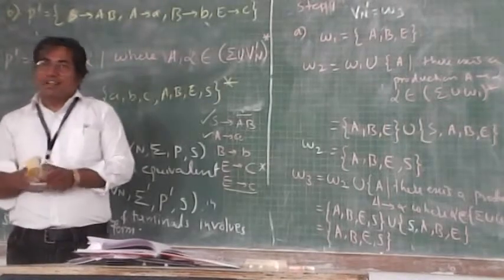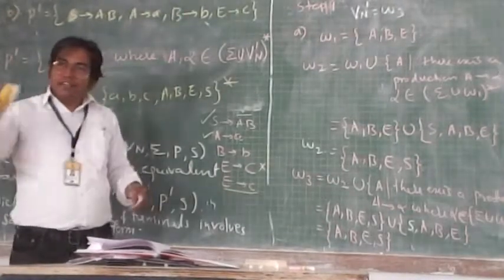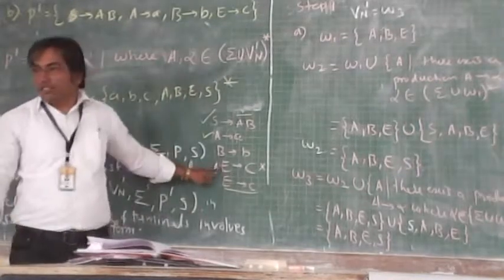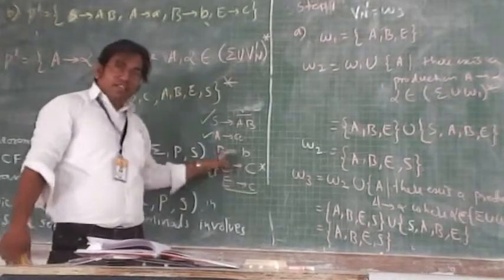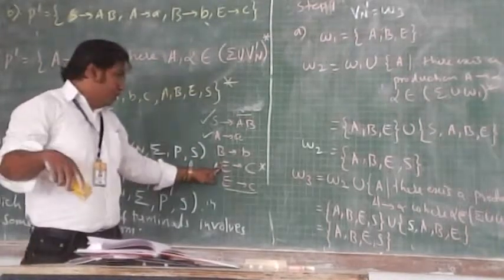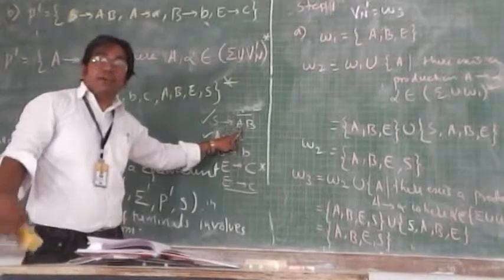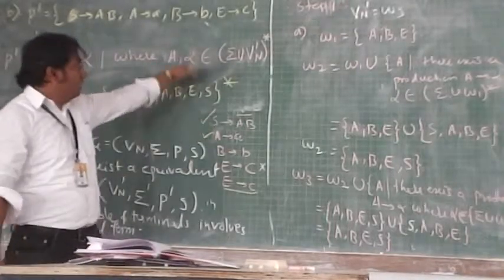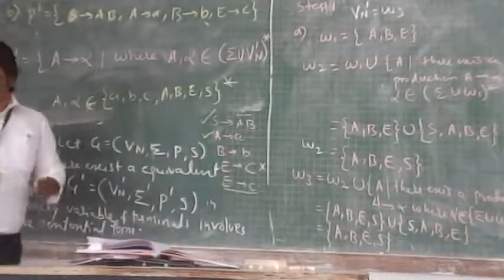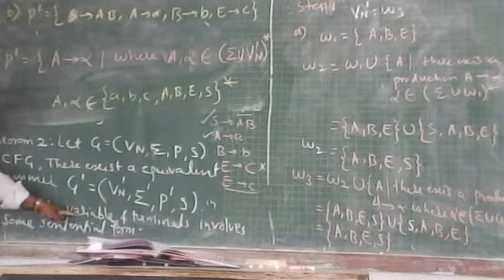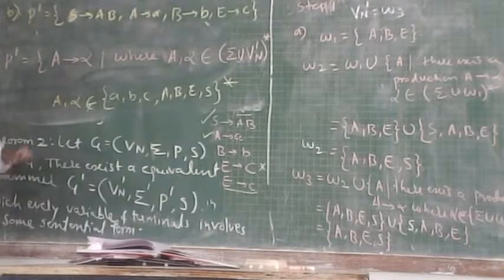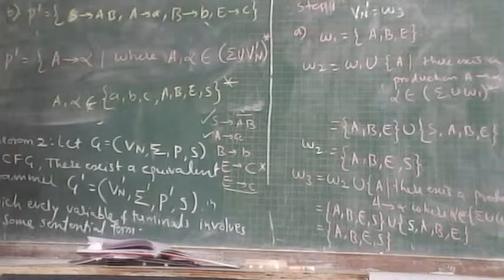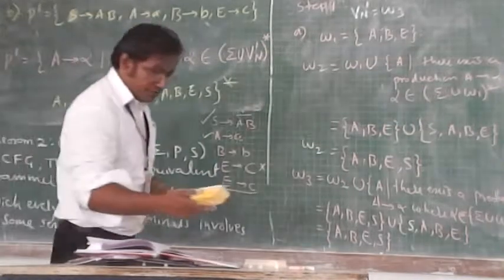In this derivation, I am not getting any capital E involved. Okay? So since E is not involved in the derivation, that is why we are removing it. In that way, this particular production gets removed. So while using this property in the second part of the theorem, we are removing further unwanted productions. Okay? Let us see how to do that.